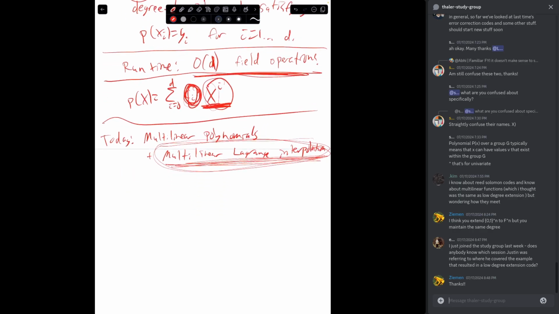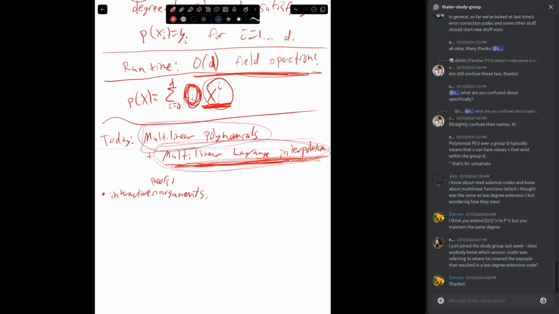But before I discuss multilinear Lagrange interpolation, to take a short break from facts about polynomials, I'll first introduce interactive proofs and arguments. What are they? I'll say a little bit about them, and then we'll dive into the multilinear polynomial stuff.